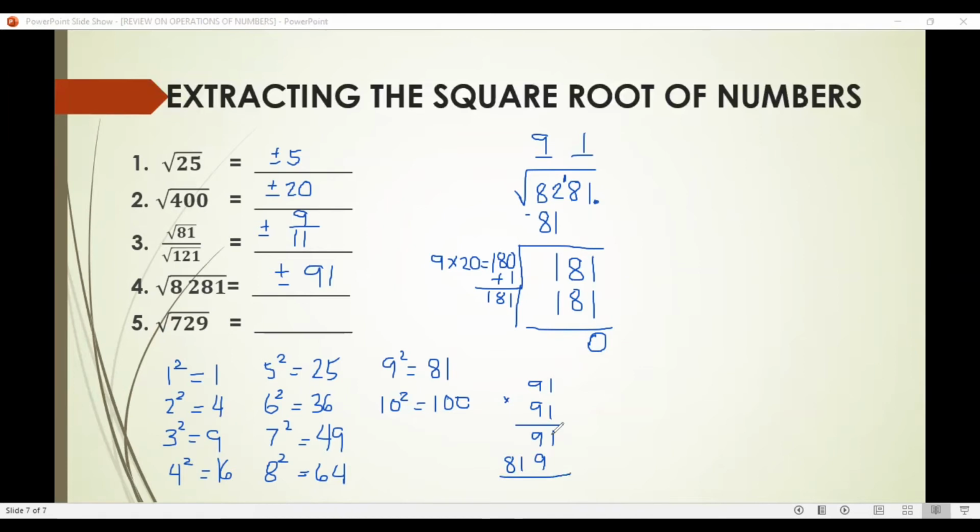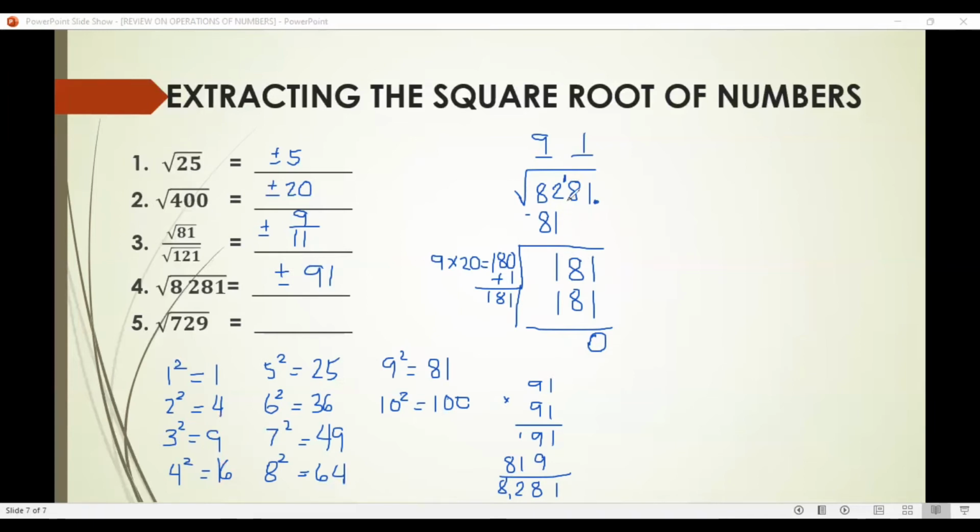So if we are going to add this, we have 1. And this one is 18. And then you have to regroup 1. And that is equivalent to 2. And we are getting 8. Bring down 8. So again, the answer that we have is 8,281.